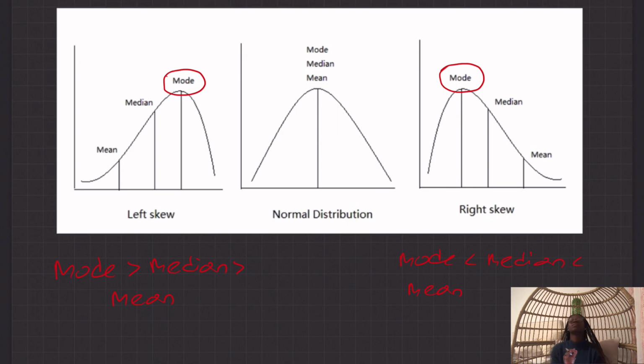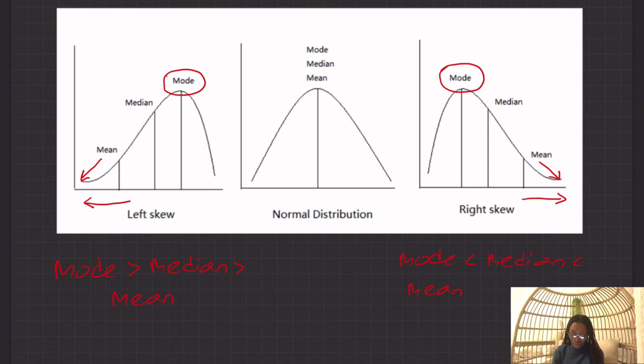Basically, the mean is always located where the skew line is. So in a left skewed graph, the skew line is toward the left, and the mean is where the skew line is. The median is in the middle, and then the mode is at the peak of the distribution curve. And on a right skewed graph, the mean is toward the skew line on the right, the median is in the middle, and then the mode is where the peak of the graph is.